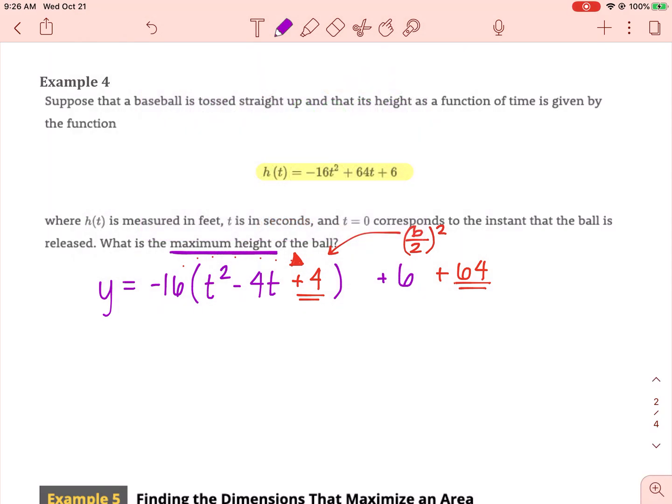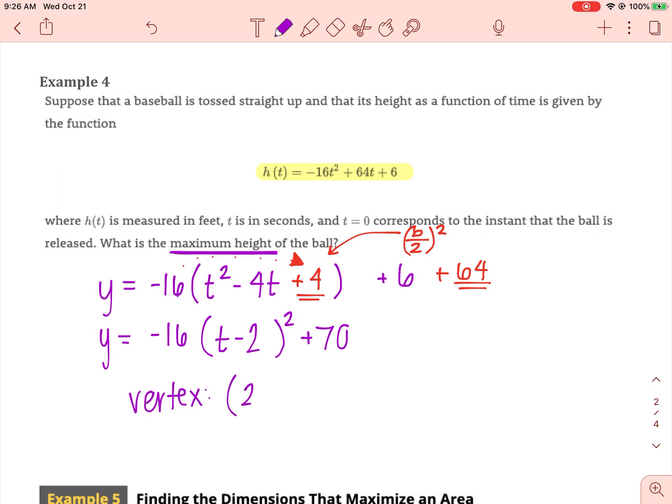You're like, oh, maybe I should have done the other way. It doesn't matter. We know we did it right if we can get this factored to a squared term. And we can. It's going to be t minus 2. So my vertex, looking at it, is going to be positive 2, positive 70.